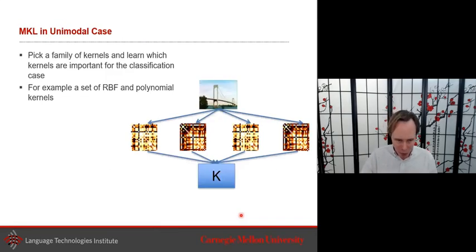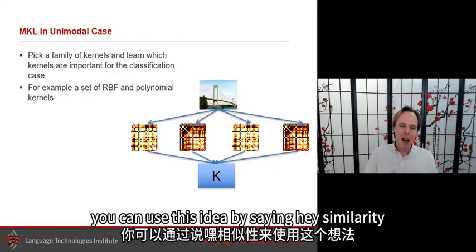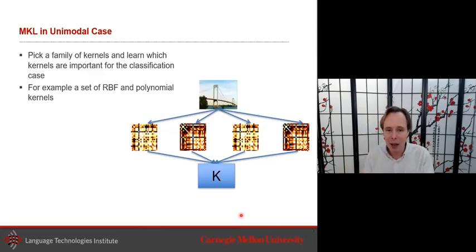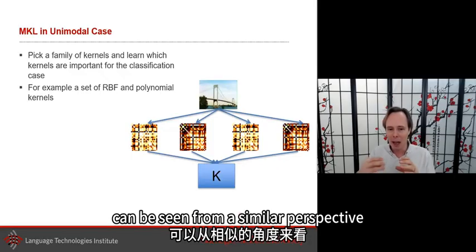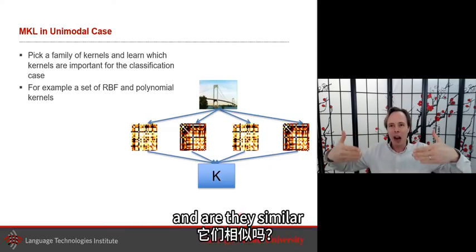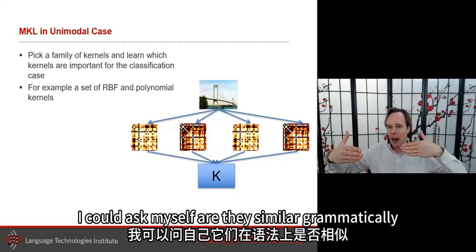So you can use this idea by saying, hey, similarity within one modality, I could have many different ways one modality can be seen from a similar perspective. I can see two sentences, and are they similar? Are they similar grammatically?